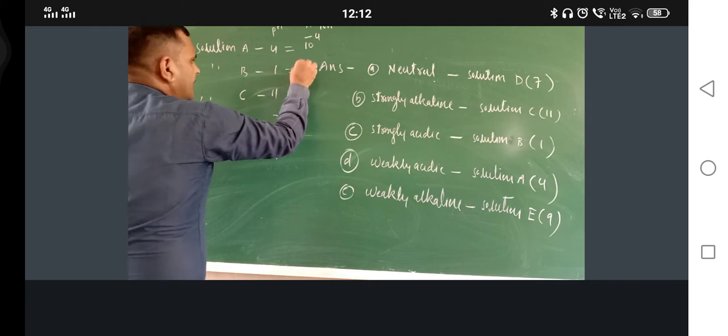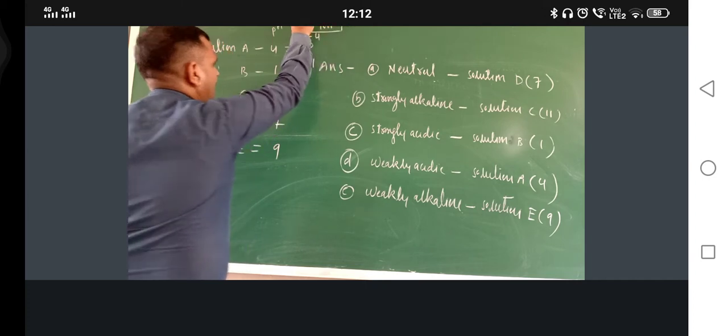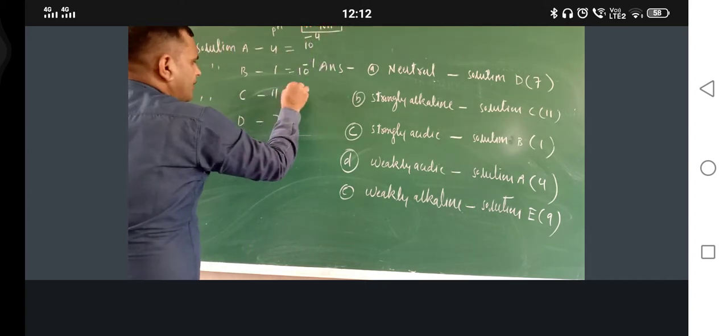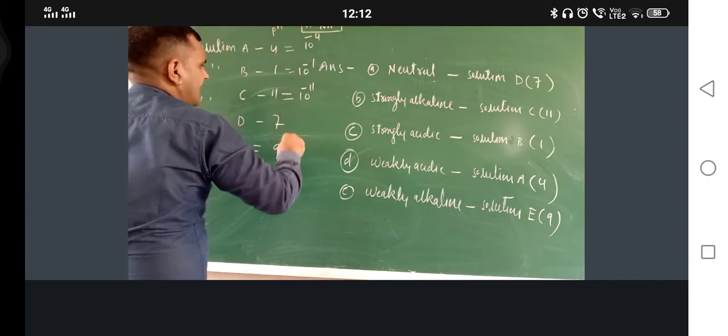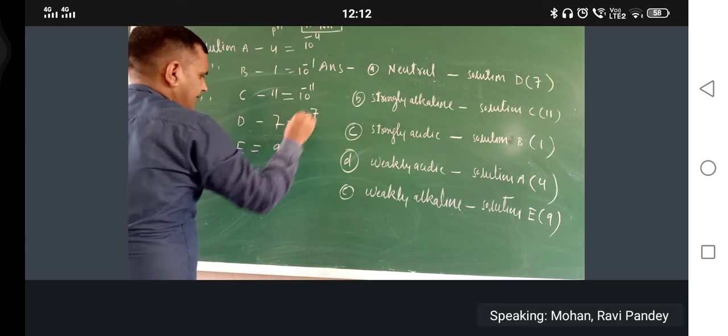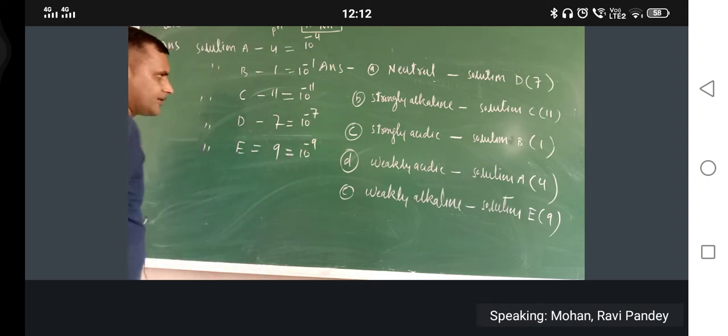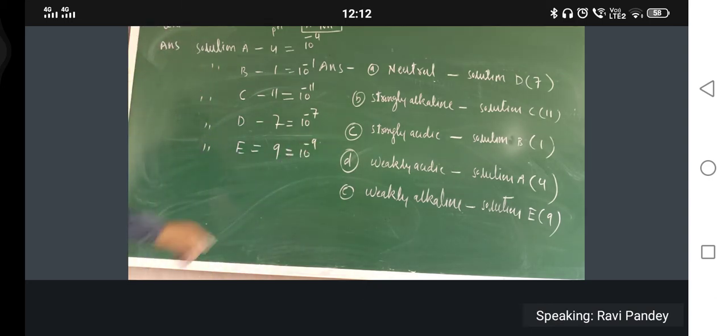Here it would be 10 raised to the power minus 1. Here 10 raised to the power minus 11. Here 10 raised to the power minus 7. Here 10 raised to the power minus 9. So this is hydrogen ion concentration.